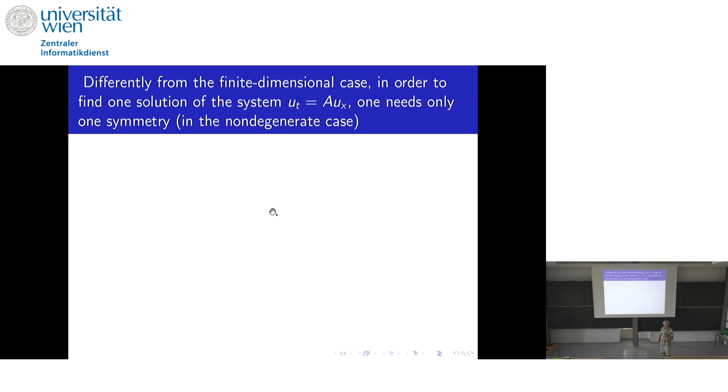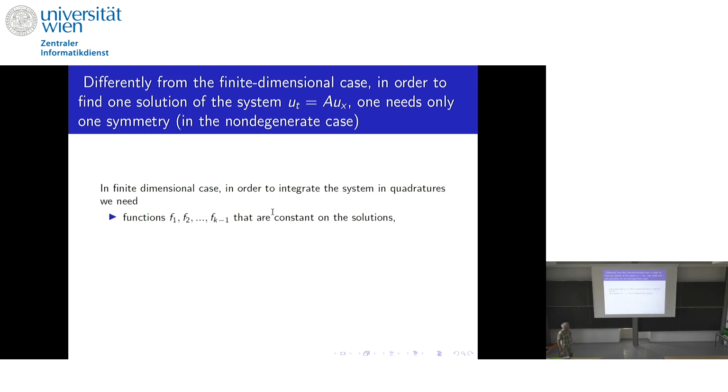Here is a strange phenomenon which I myself had difficulty understanding. Differently from the finite dimensional case, in order to find one solution of the system, one needs to know only one symmetry under some non-degeneracy conditions.